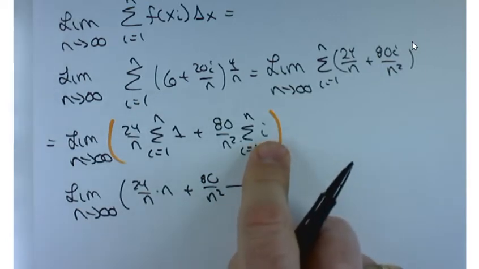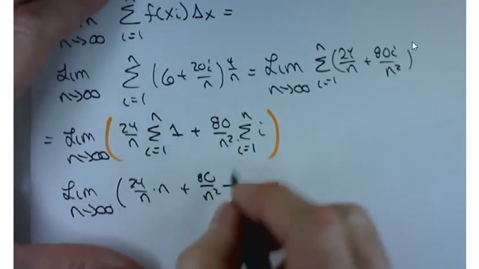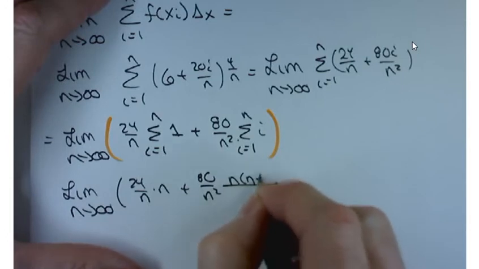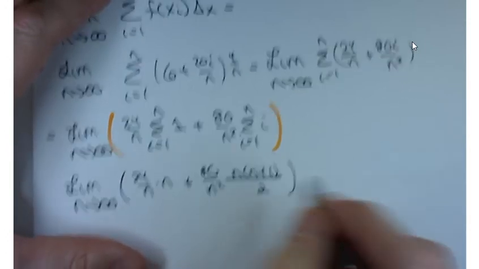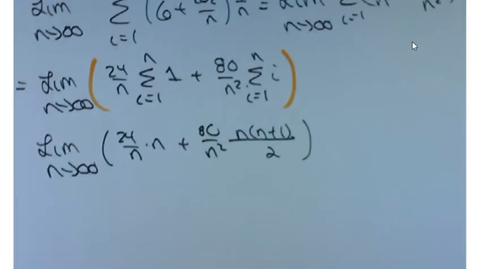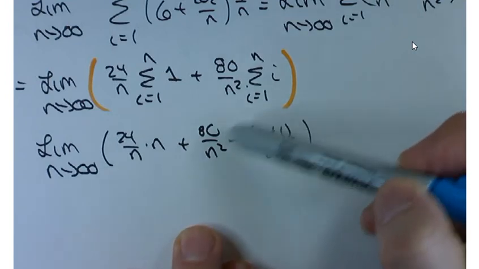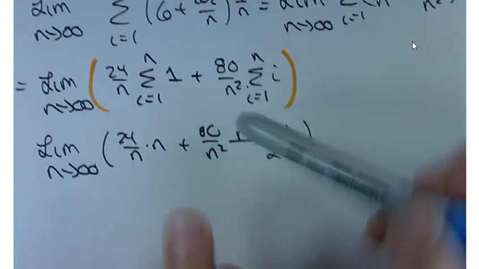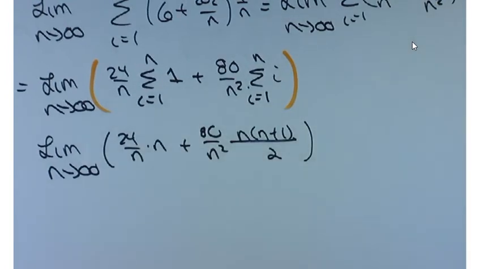And here's where you go back to the formulas from the first part of today: n times n plus 1 over 2. When you do these problems right, the problems that I'll assign you, the degree here and the degree here should match, just like they do here. That cancels out. You're just left with 24.